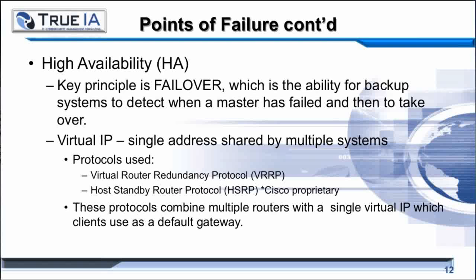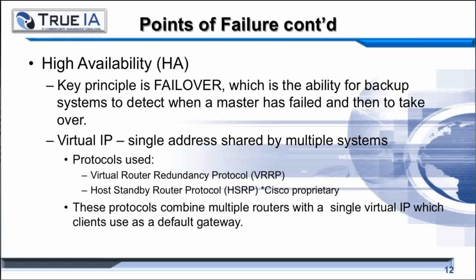Another way to ensure high availability is somewhat of a new concept of virtual IPing, a single address shared by multiple systems. We talked about this briefly when we discussed the differences between NAT and PAT. Essentially, what you're doing is you're using protocols like the Virtual Router Redundancy Protocol or the Hot Standby Router Protocol.